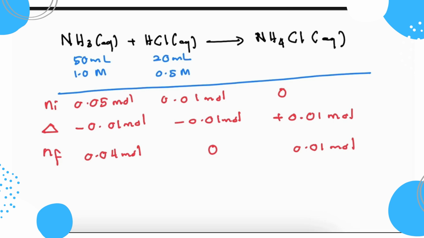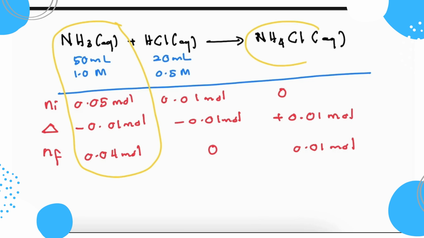If you look at here, the final number of moles represents ammonia, which is a weak base. If we have a weak base, we need to consider the salt produced, because the weak base and its salt exist together, so it is in the form of a buffer solution. Okay.